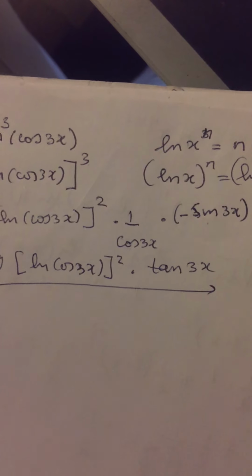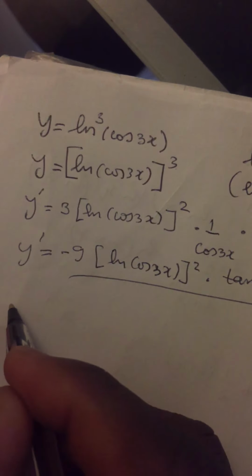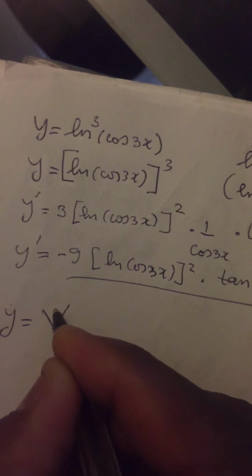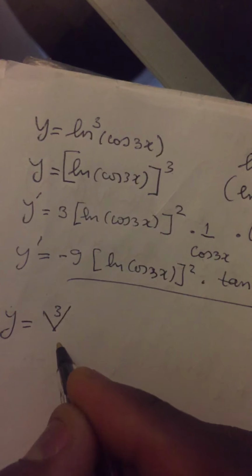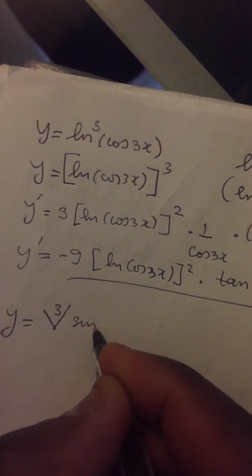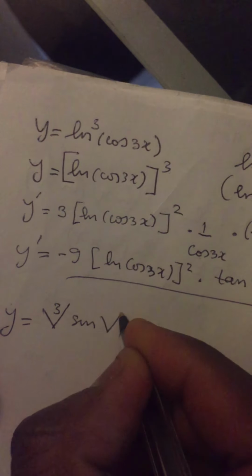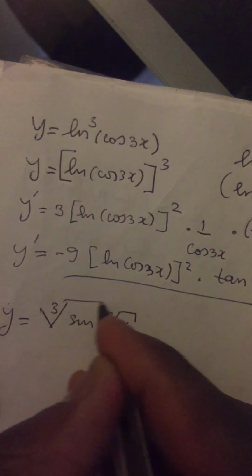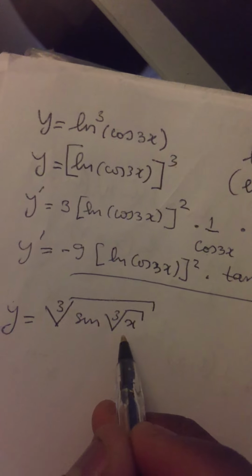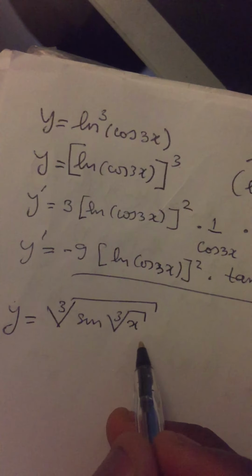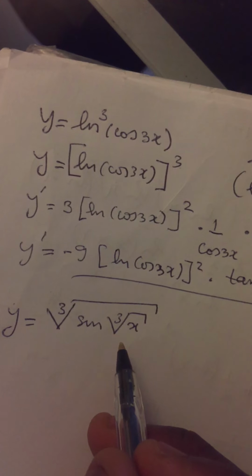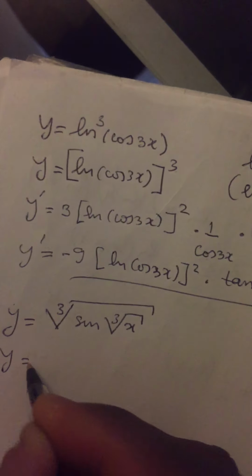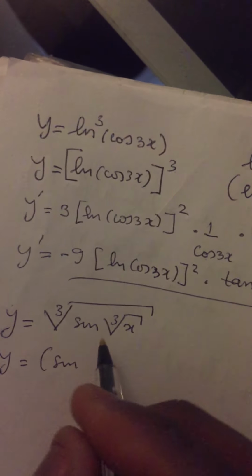Let's tackle another example. We are dealing with the chain rule. If I have y equal to cubic root of sine of cubic root of x. This is our function, and this is our angle. I have to rewrite it.